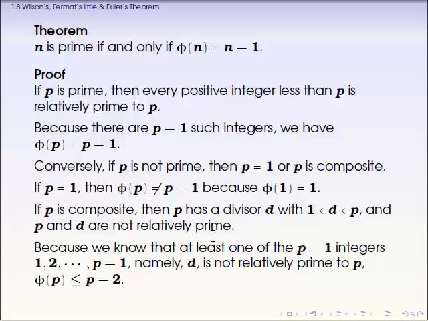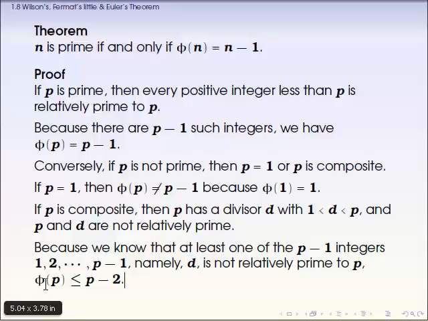Then among the p minus 1 integers from 1 through p minus 1, say d itself is not relatively prime to p, right? We already found it. So clearly we don't know the exact number of phi of p at this moment when p is the composite case, but clearly that number should be less than p minus 2, because we are not going to count the integer d to satisfy that condition, right?